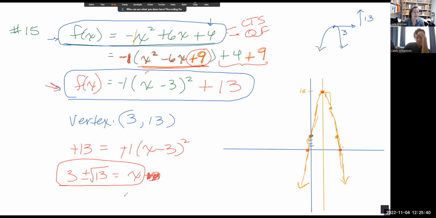So the roots should be about 3 plus 3.5, about 6.5. I don't know why I said 7 there; in my head I'm doubling the 3.5. It should be about 6.5, or 3 minus 3.5, so about -0.5.